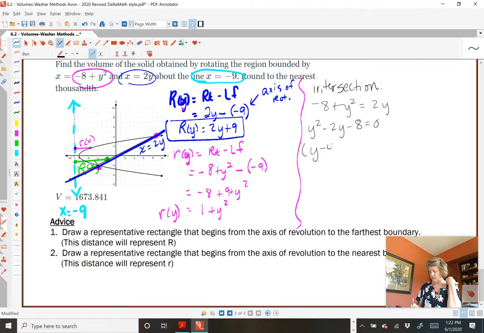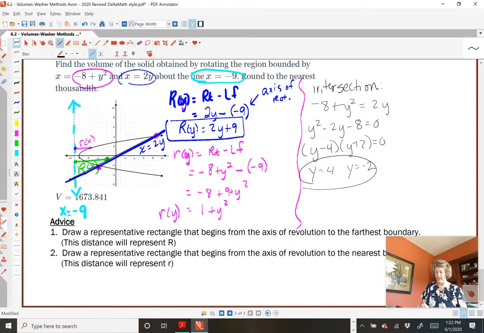Factoring, I get y minus 4 and y plus 2. Hopefully you're getting so fast you can just do those. You just see them, don't you? You do enough factoring and you get a real good feel for it. Does this look like it has a height of 4? Yeah. Does this look like it's down at negative 2? Yes, for y values.